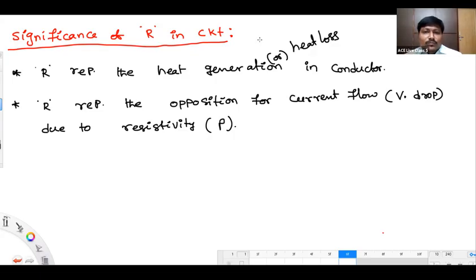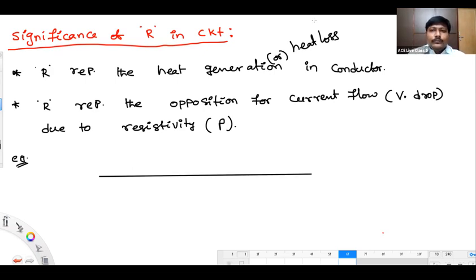Now let's say, for example, we are taking one three-phase transmission line to the lab, maybe 1 kilometer or 2 kilometer length of line. It's a three-phase line.